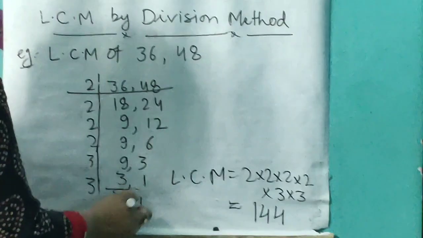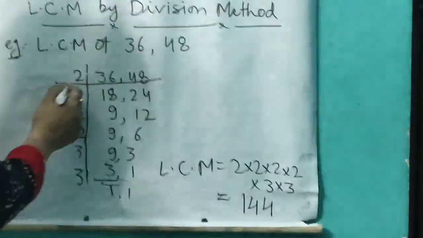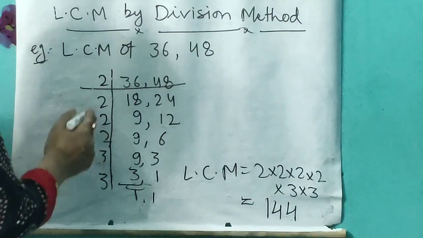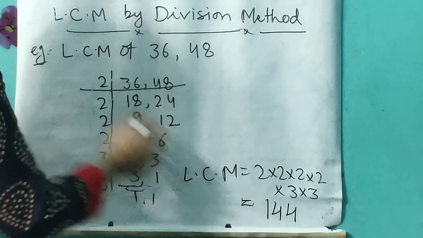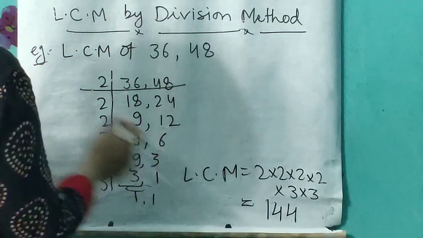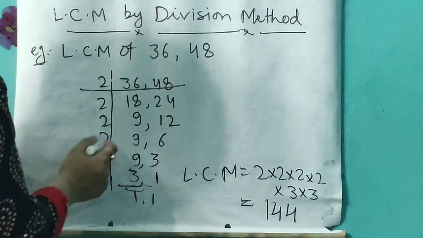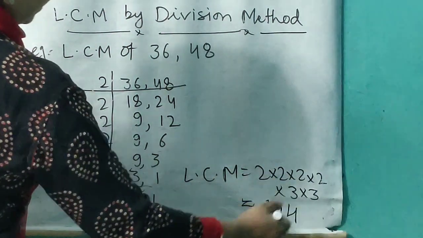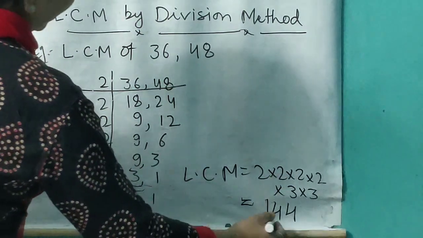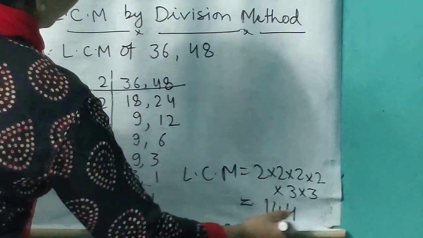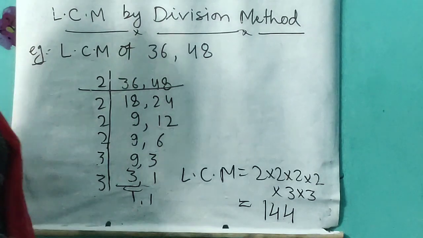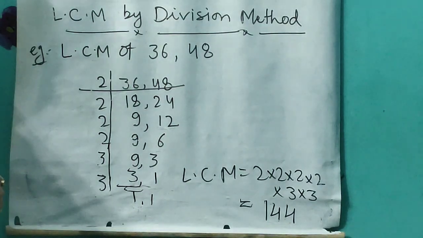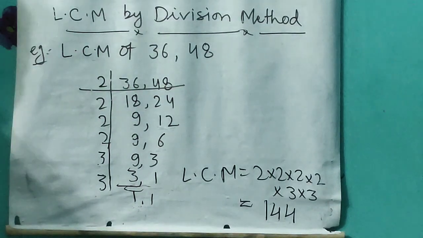Then you multiply all these factors together and it will give you the LCM. Now you see 2 into 2 into 2 into 2 into 3 into 3, and when you multiply these numbers you get 144. So this is the division method by which we can find the LCM of two numbers.